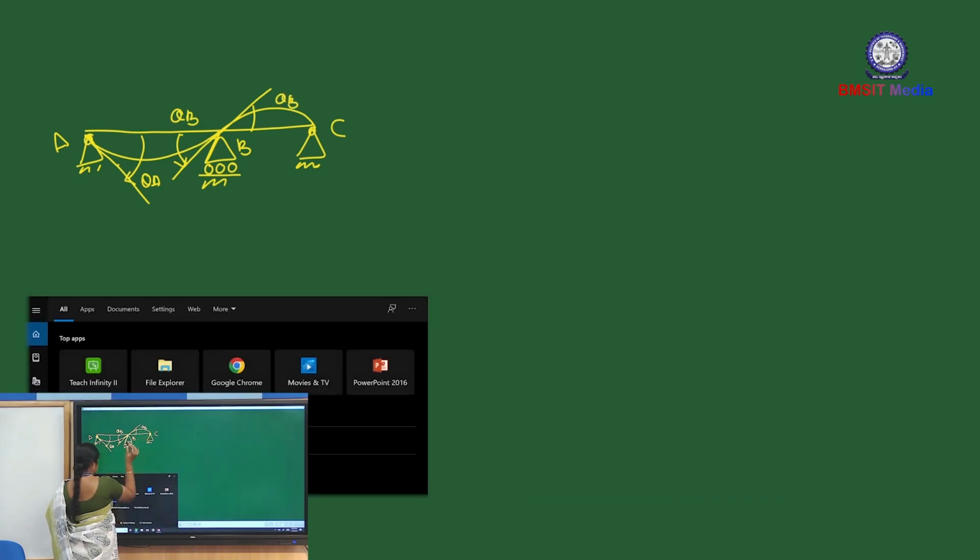The arrow mark faces towards the tangent line. So here theta B. Here this is theta B dash, and here draw the tangent line, here theta C.